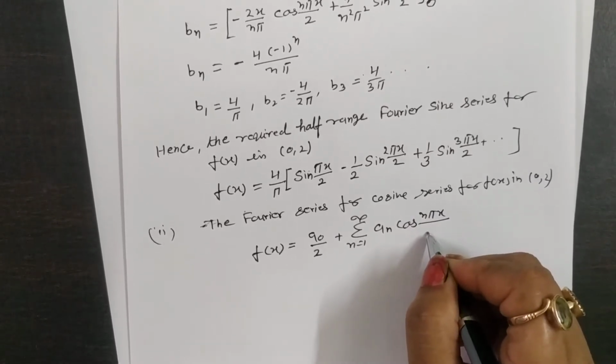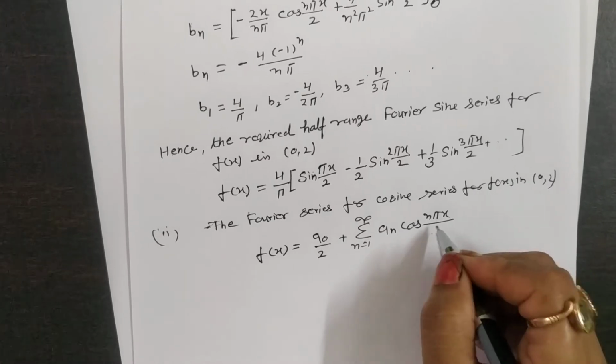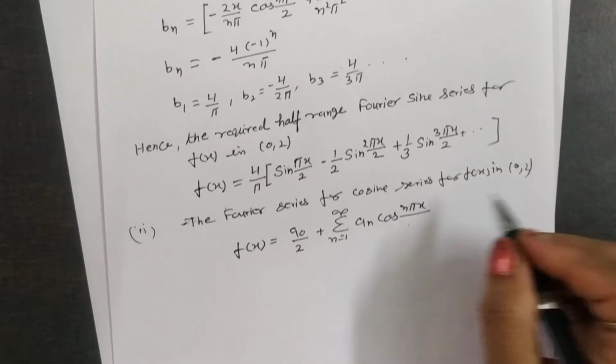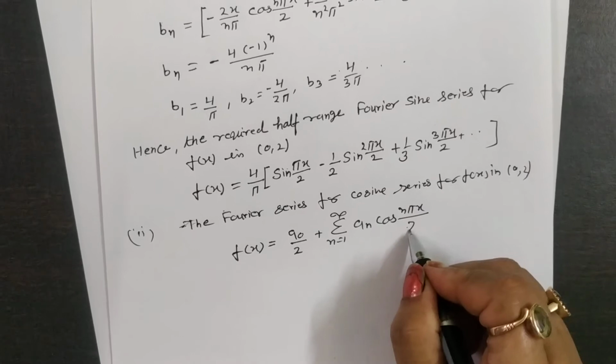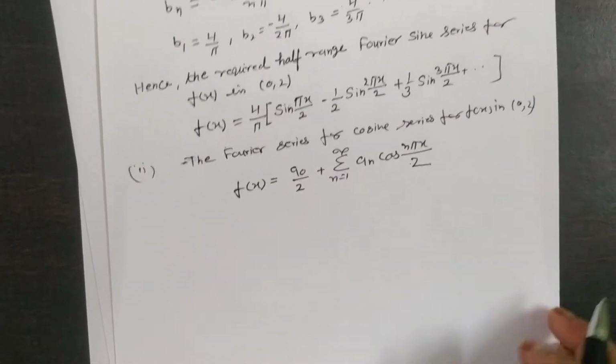According to the formula, you can write 2 n pi x by L, but here L is 2, so you can write 2 here. Okay, clear?